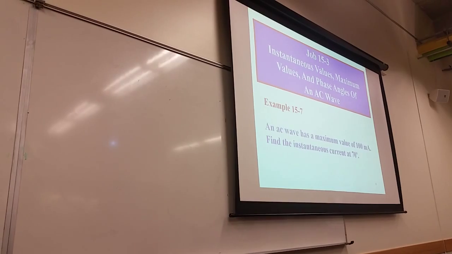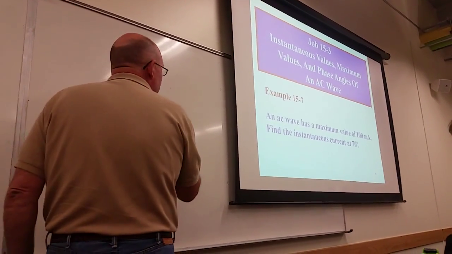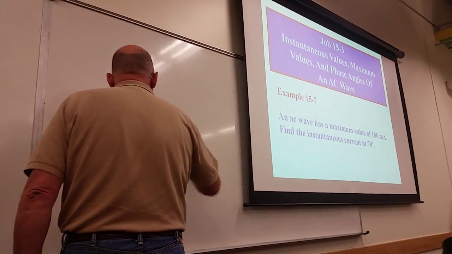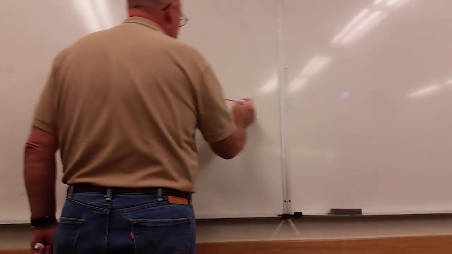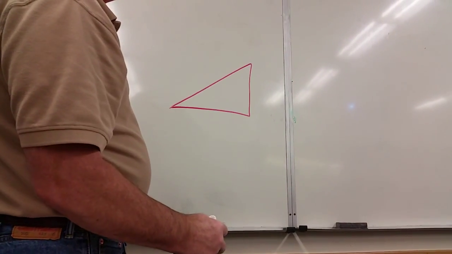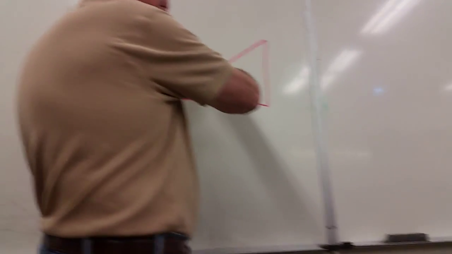It says an AC wave has a maximum value of 100 milliamps. We'll draw it over here so we draw the whole figure. So it says it has a maximum value. The maximum value is always on the hypotenuse.